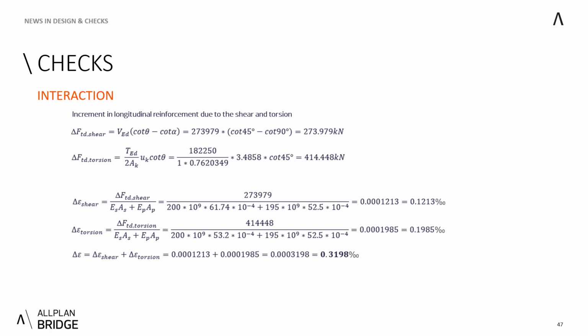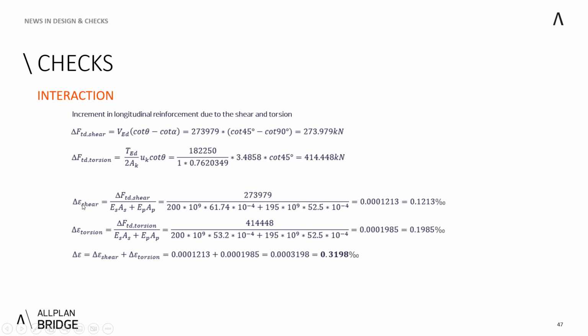And for the torsion, it gets recalculated by this one, and you have the forces for longitudinal reinforcement that need to be additionally added to flexure. So you can recalculate this force to, at first, rebars and also to the tendons.